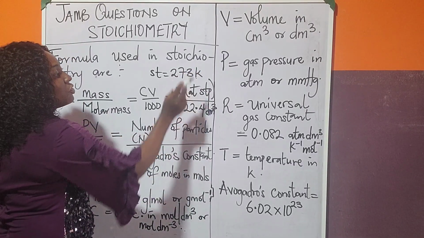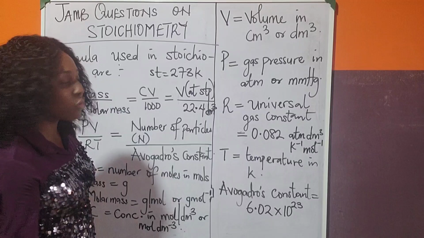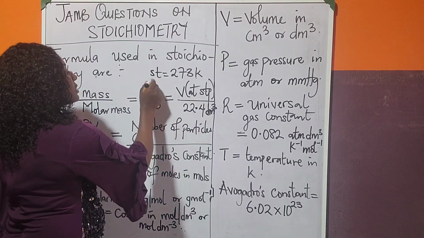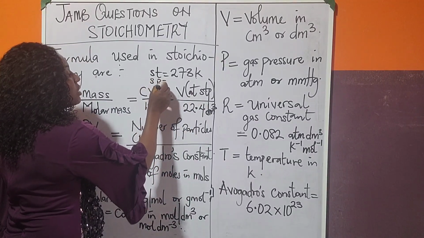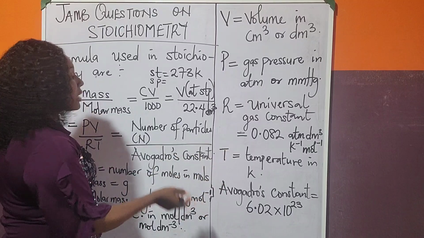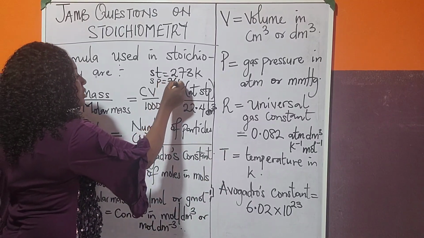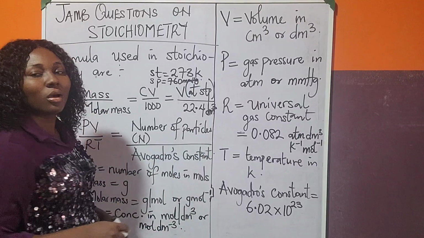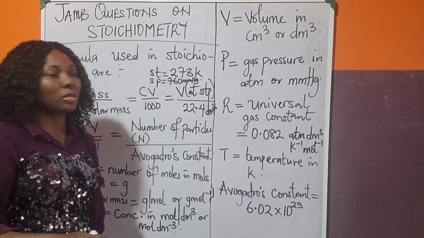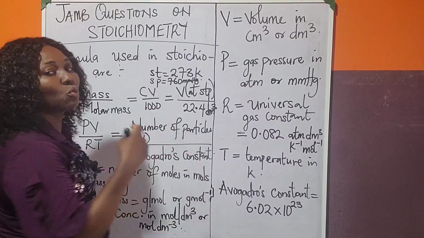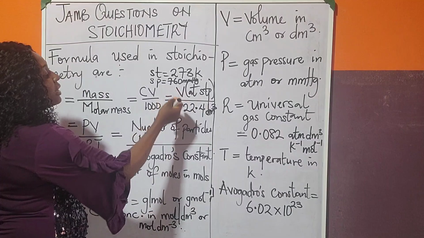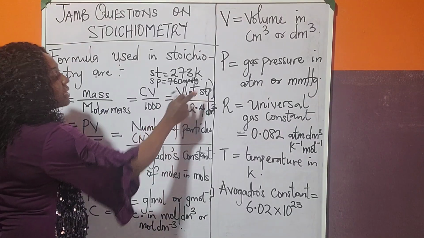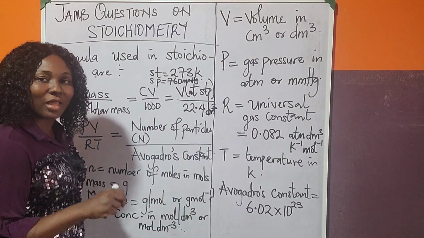Kelvin is the unit of temperature. Then standard pressure, SP, depending on what you are given, is 760 millimeter mercury. If you are given atmosphere, it's equivalent to 1 atmosphere.